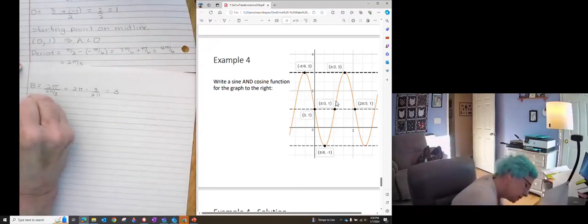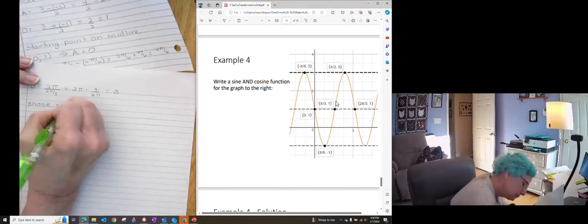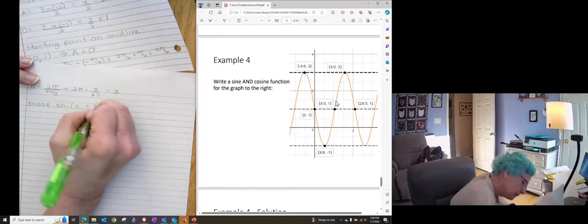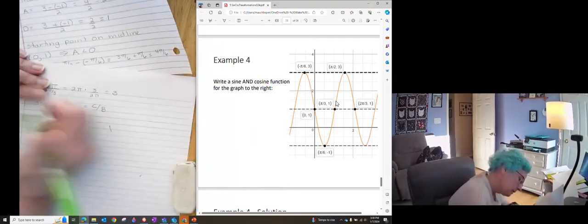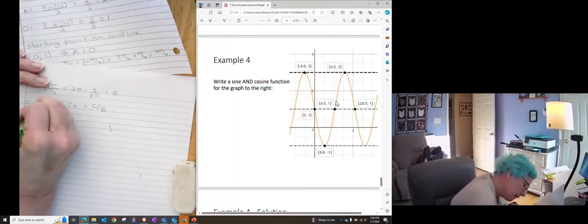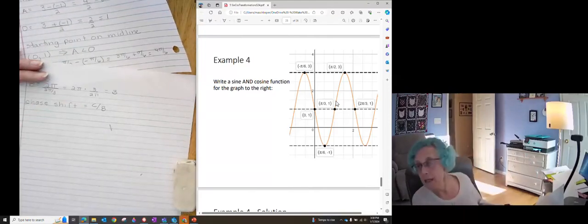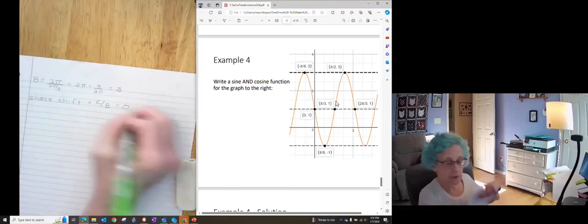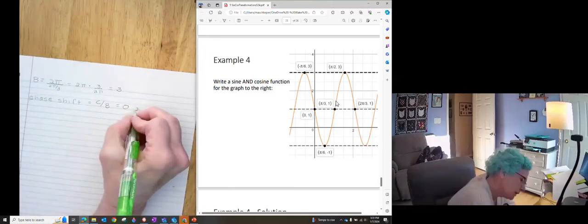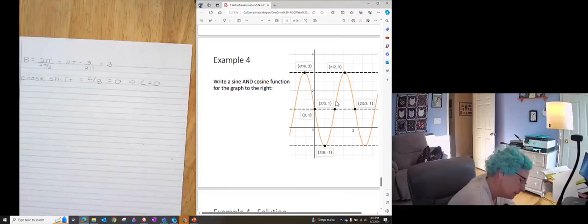My phase shift is C over B, and we look at the graph to find the phase shift, and since I started there at x equals 0, my phase shift is 0. So for sine, my phase shift is equal to 0. So C is equal to 0.